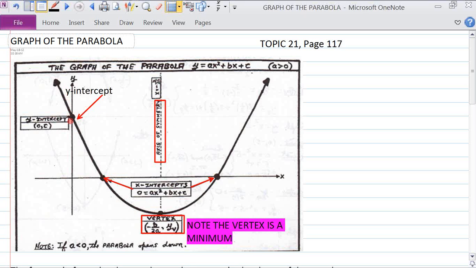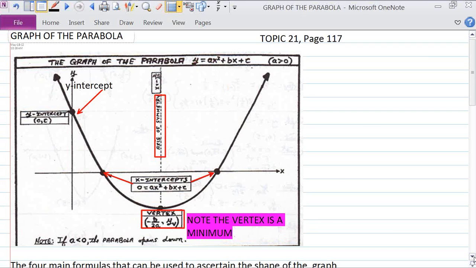As you see, the graph keeps going down, down, down, and then it starts to go up, up, up. So this represents a minimum point on the graph, and that is the vertex. The x value of the vertex is obtained by the equation minus b over 2a, and then you just put that value into this equation. You know the x value, and you calculate what y is.